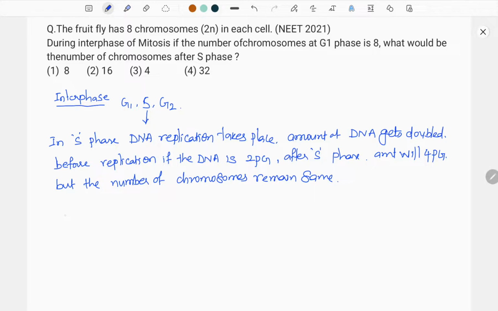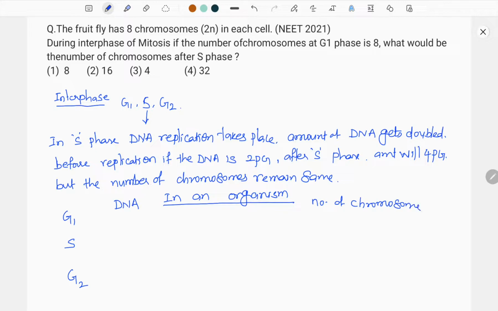For example, let's take any organism with G1, S and G2, and let's take the DNA and the number of chromosomes.